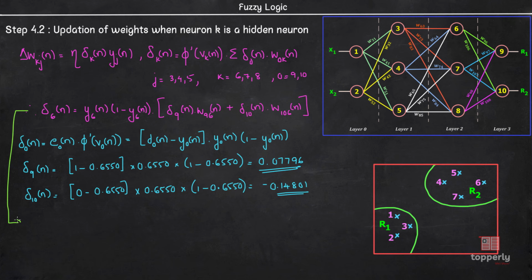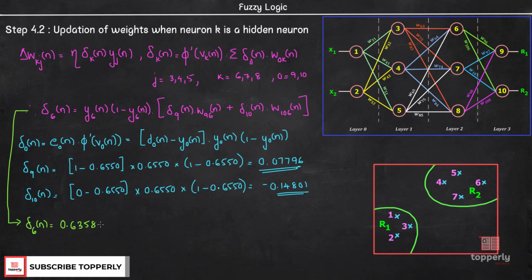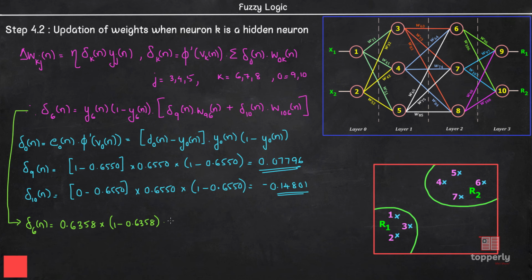Therefore, calculating the value of dou 6 of n, we have 0.6358 into 1 minus 0.6358 into (0.07796 into 0.3 plus minus 0.14801 into 0.25), which is equal to minus 0.003152.